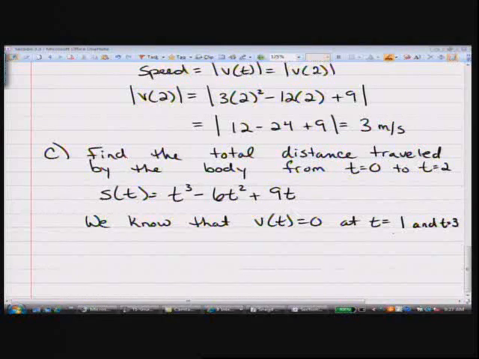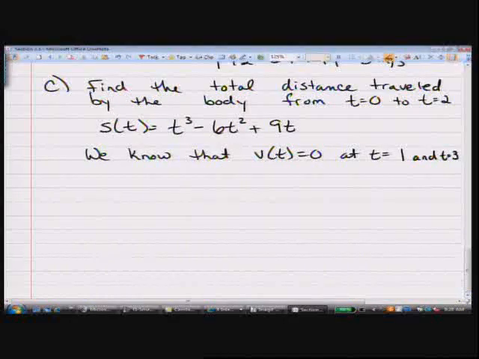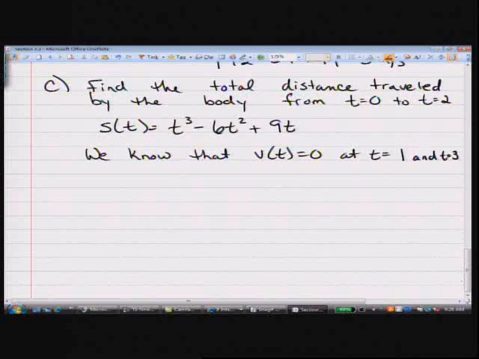So the total distance traveled would be more than just the distance from 0 to 2. Does that make sense? If you're driving somewhere and then you forgot something, and you go back, it may only look like you went from start to finish, but in truth you turned around and then went back. So you might be able to see that if you consider some points.